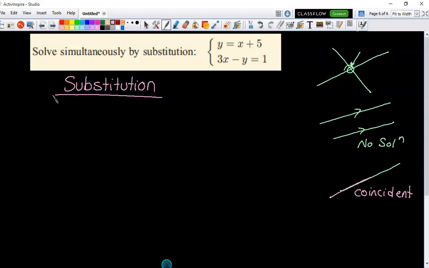So when we've got this, look at this. We've got y equals that. So what I'm going to do is sub that in place of y. Sub it. Right? And I'm going to go, so 3x, sub.